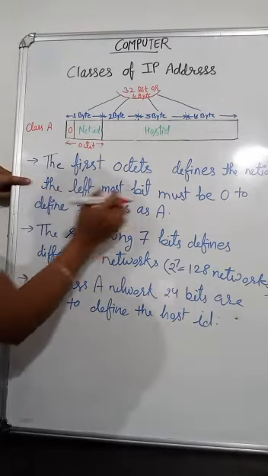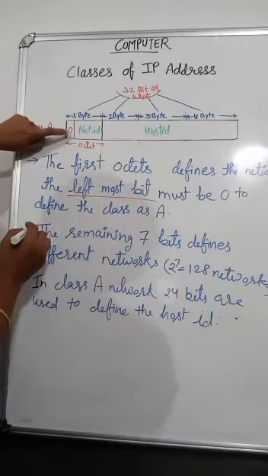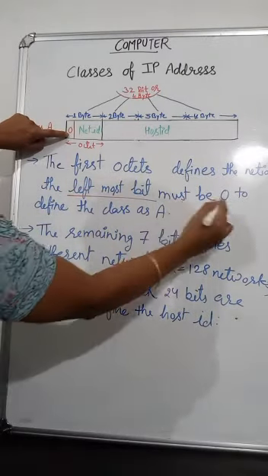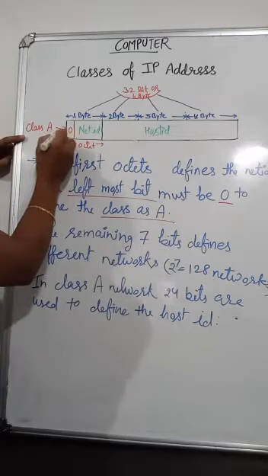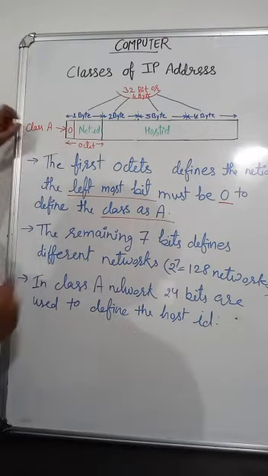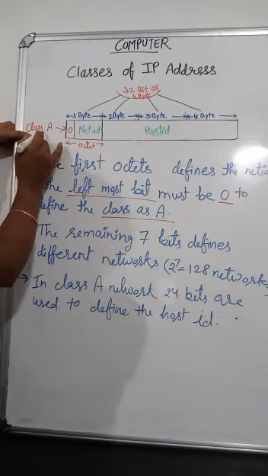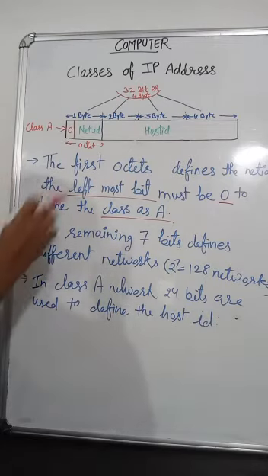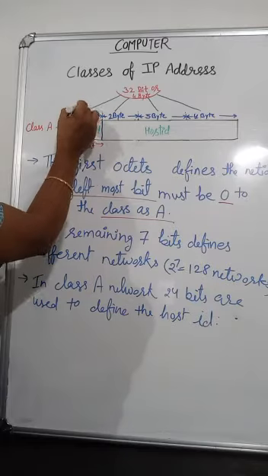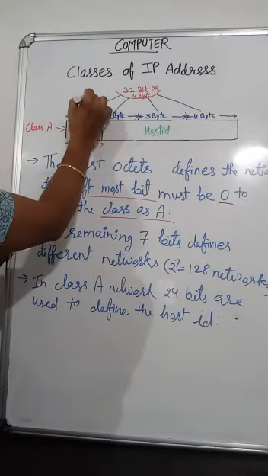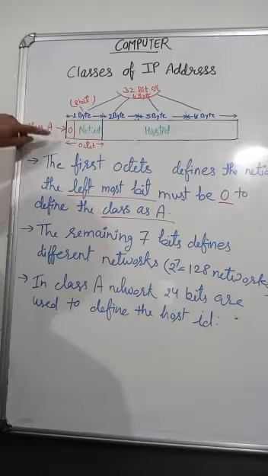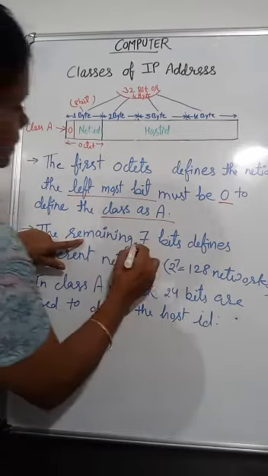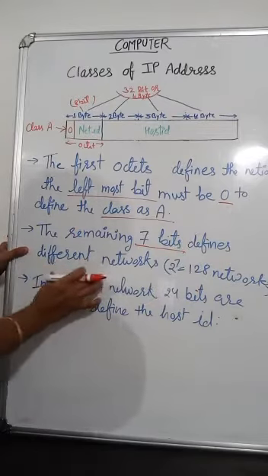The leftmost bit must be 0 to define class A. The remaining 7 bits: total is 8 bits or 1 byte, and 1 bit is reserved for the class identification, so 7 bits are left. The remaining 7 bits define different networks.